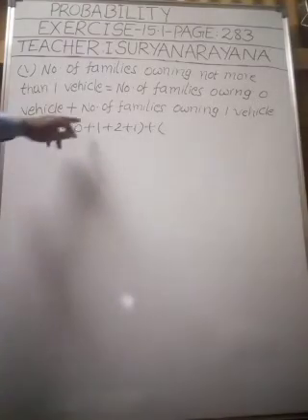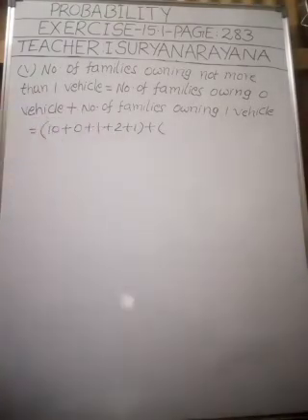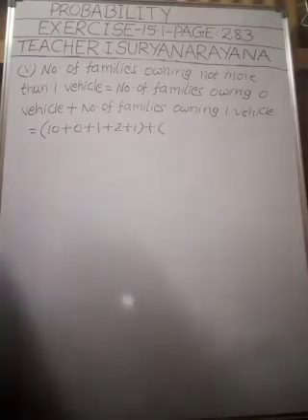Okay, my children. Now let us find the number of families owning exactly one vehicle. How many families are having exactly one vehicle? 160.